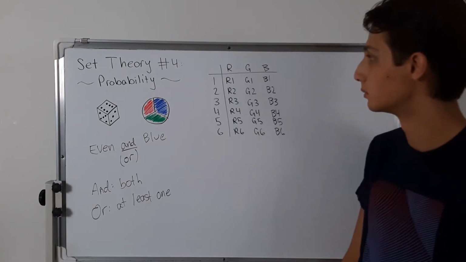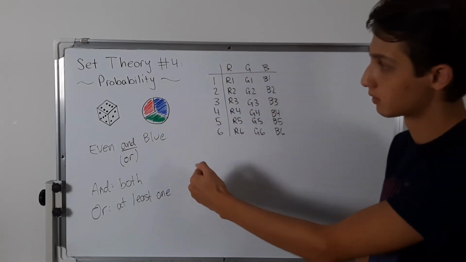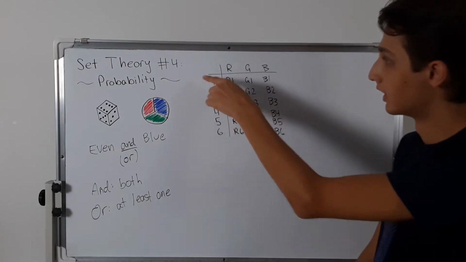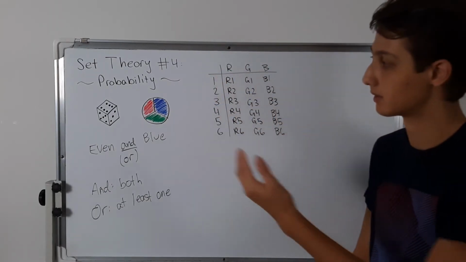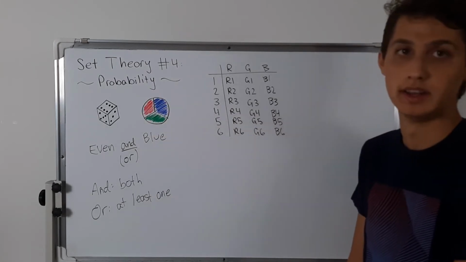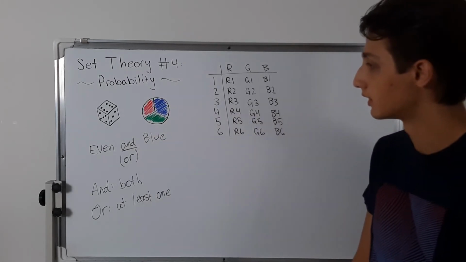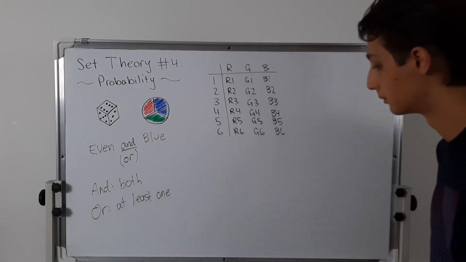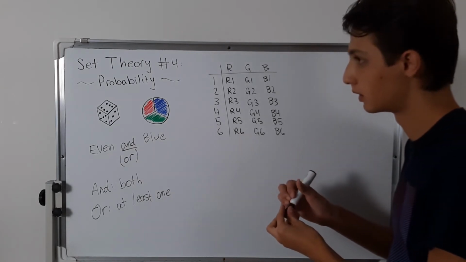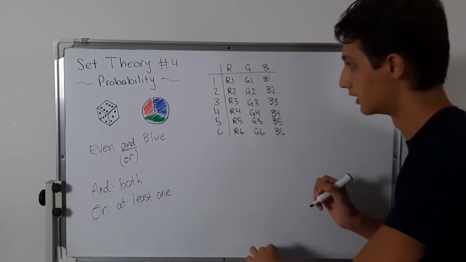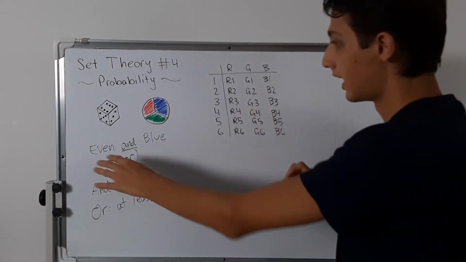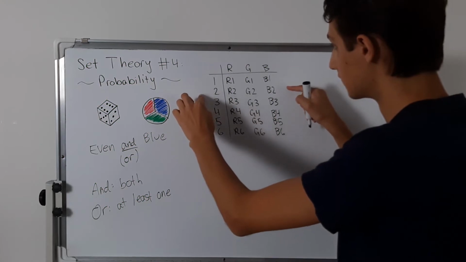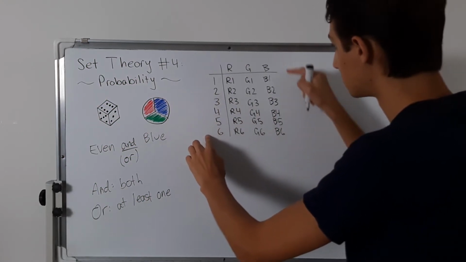Okay, so here's my table. I have all the possible combinations of the die, and then all the possible combinations of the spinner. R1 just means I get a red and a 1, okay? So if I want an even and a blue, I'll just circle them. Even and blue means everything that's even, which is this row and this row, but they also have to be blue.